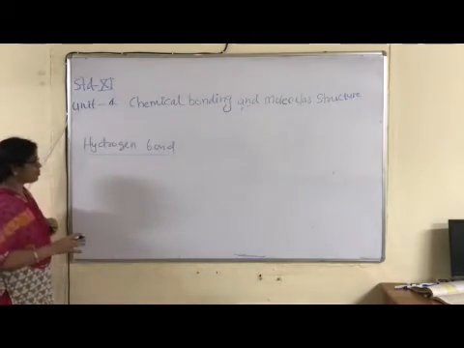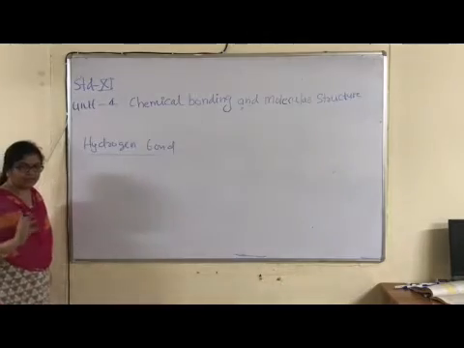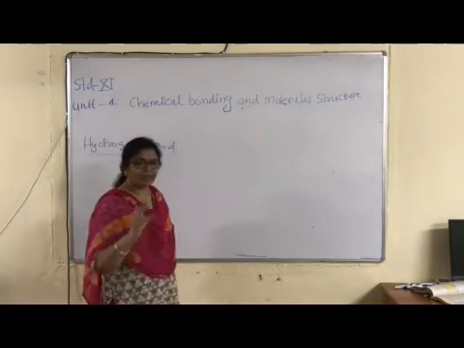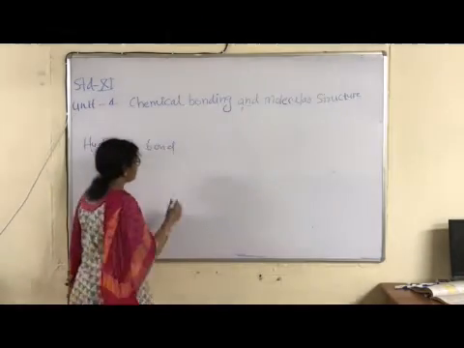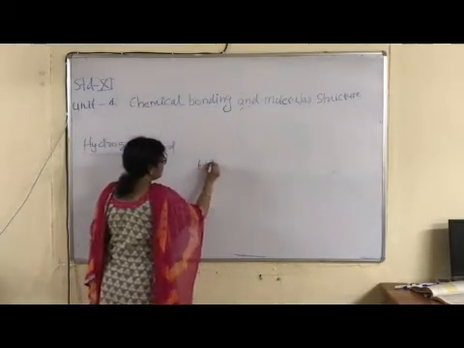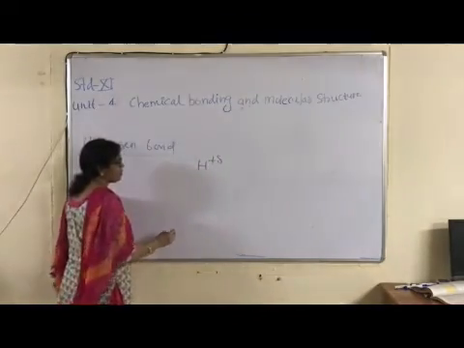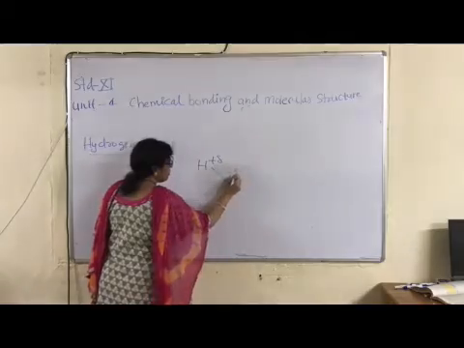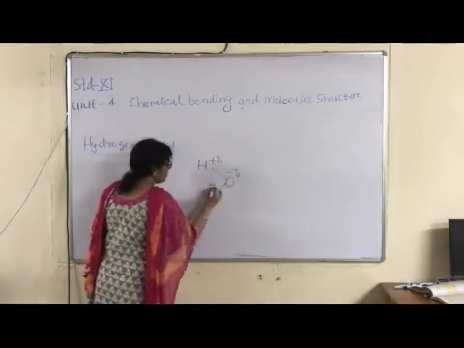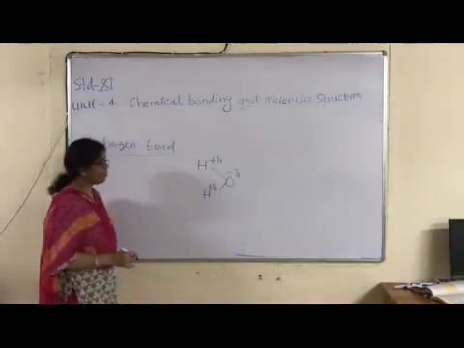Hydrogen bond is the force of attraction between hydrogen ion of one molecule and oxygen ion of another. Like this, H plus in water molecule, right? Water molecule is made by combination of hydrogen and oxygen only.